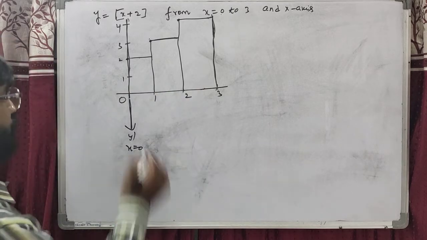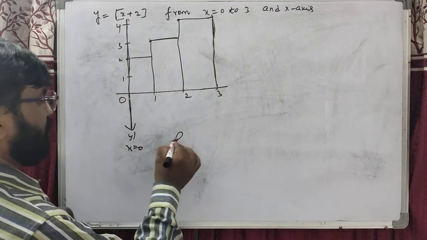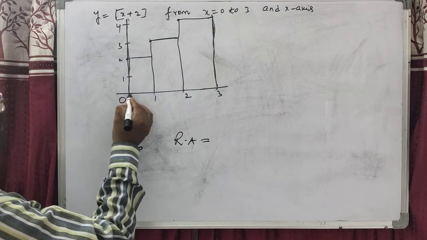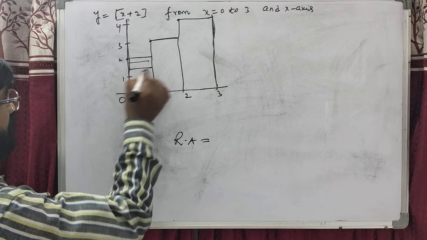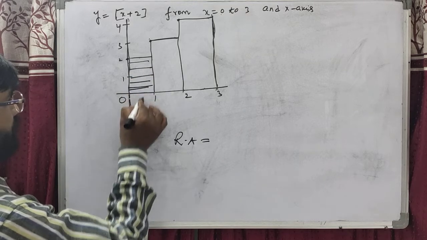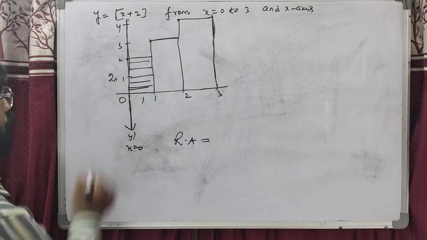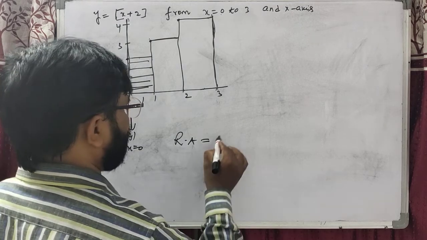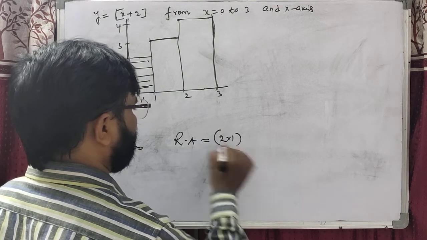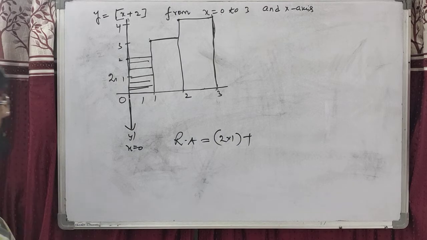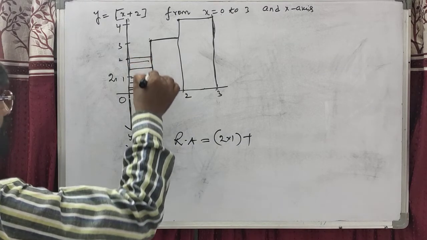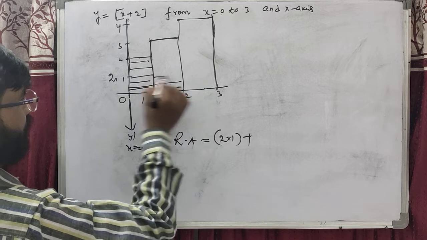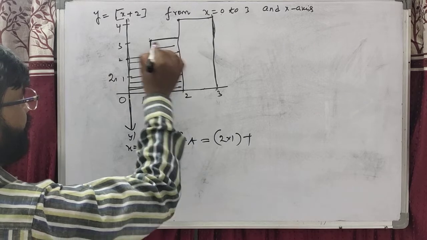Dear students, first we have to find the required area. First we find the area between 0 to 1. This is a rectangle. Height is 2, base is 1. Therefore, length into breadth, 2 into 1, plus the next one with height 3 and base again 1, so 3 into 1.